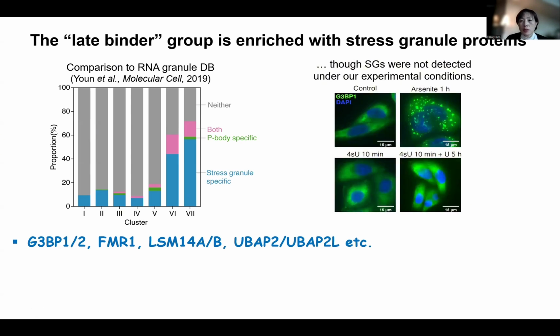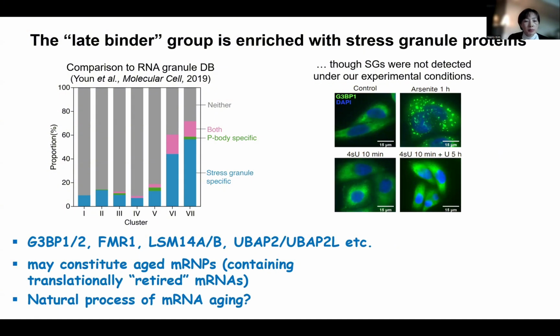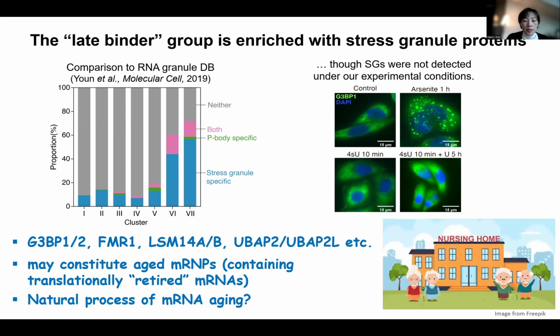Although in our experimental conditions, we do not see any visible stress granules, and we haven't applied any particular stress responses to these cells. So this suggests that at least some of these proteins may constitute aged mRNPs containing translationally retired mRNAs. So they may be housed in this kind of retirement home, and this might be a natural process of mRNA aging.